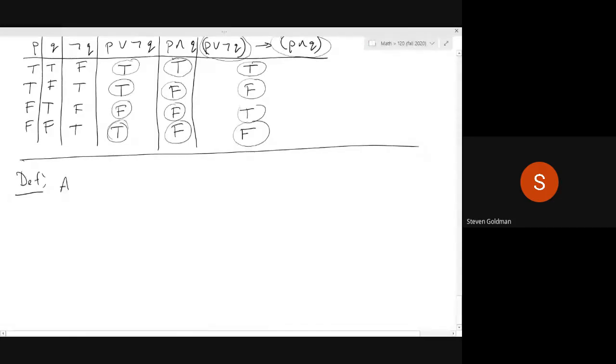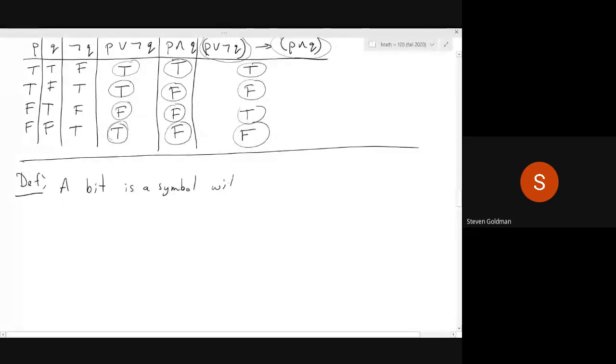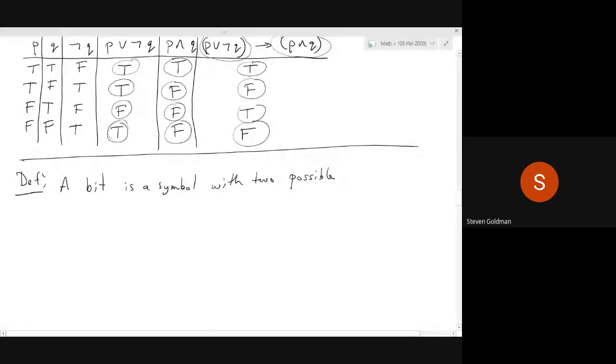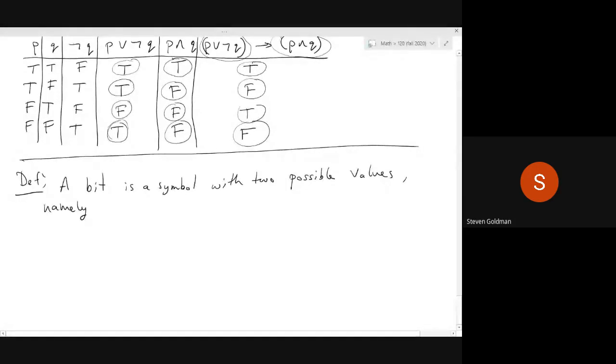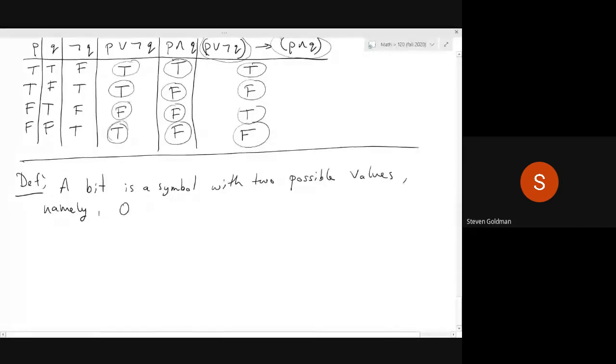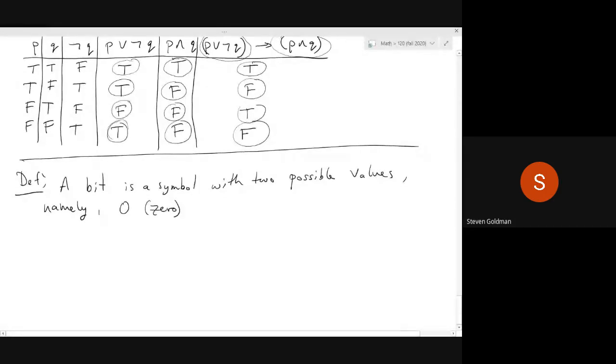So first, a bit. A bit is a symbol with two possible values, namely 0 and 1.